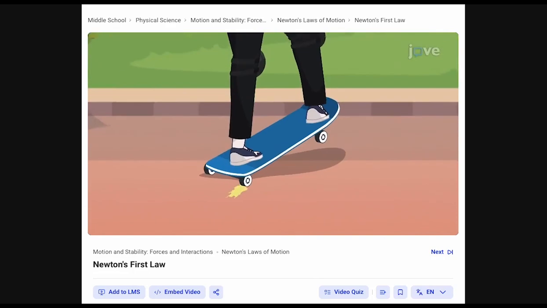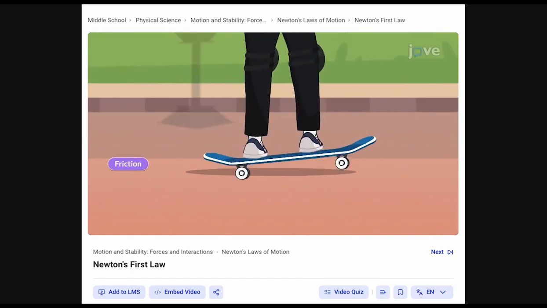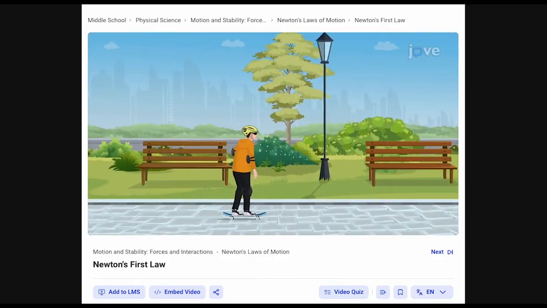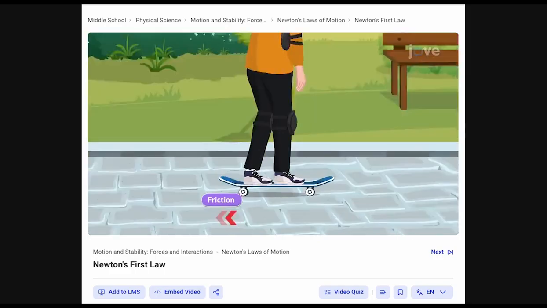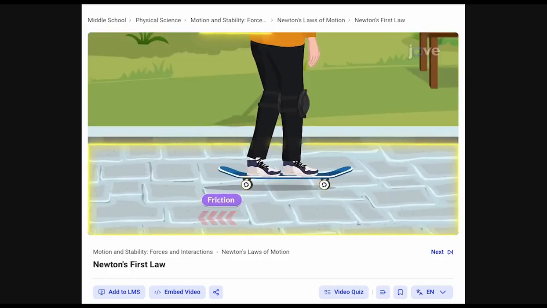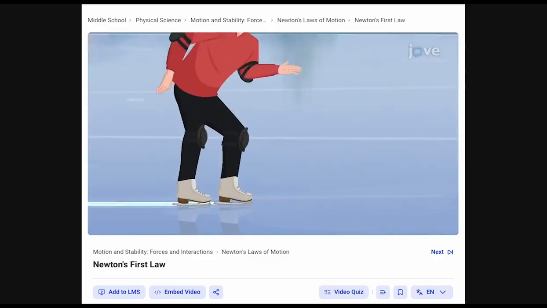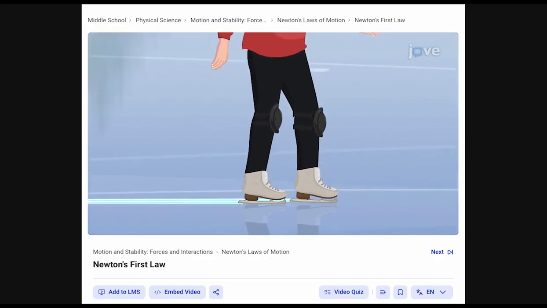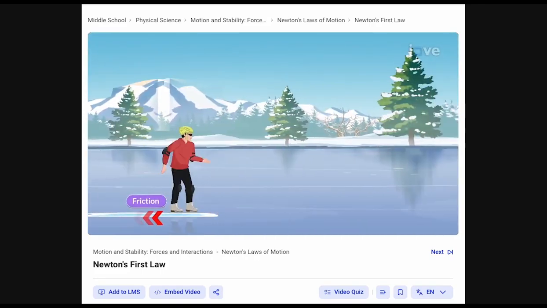This scraping generates friction, which slows the skateboard until it eventually stops. Even if you don't try to stop, the skateboard will still stop because of friction between the wheels and the ground. In areas with extremely smooth surfaces, where there is little to no friction, objects keep moving unless an external force stops them.